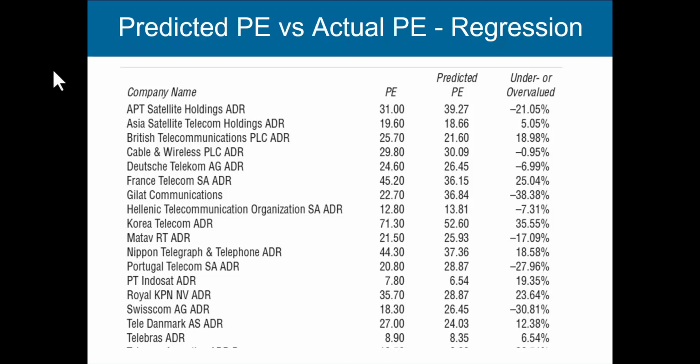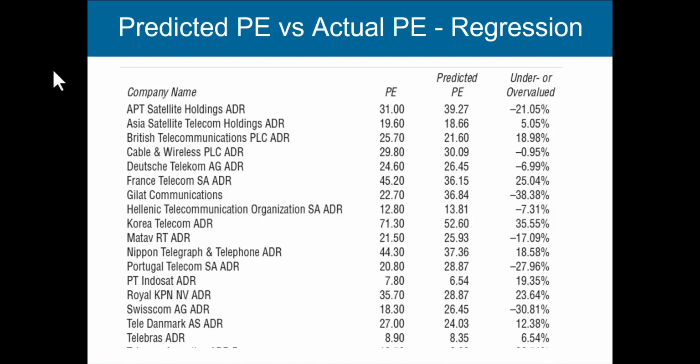So look at what we have done here. These are the P ratios and these are the predicted P ratios calculated through the regression technique, and then we assess whether the company is undervalued or overvalued. So here, like 38%, the company like Gillette Communications.